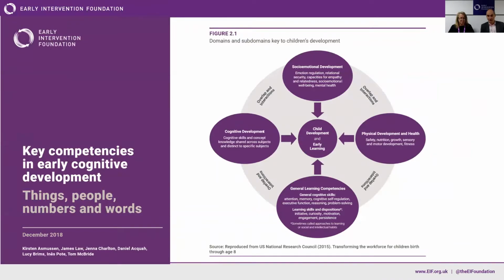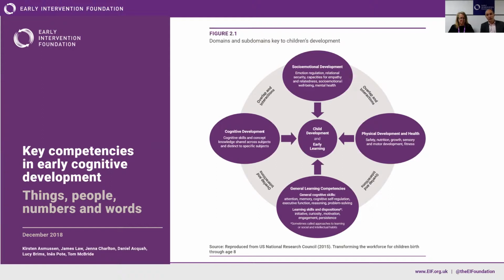So I was just talking about cognitive development, but it's clear that also socio-emotional development, physical development and health, and general learning competencies as set out in this slide are also hugely important if children are to thrive in the early years.